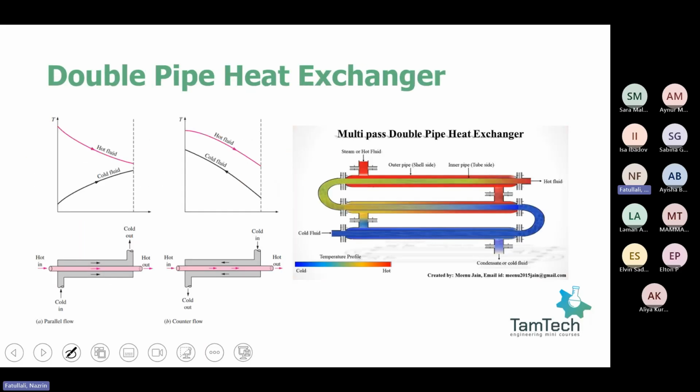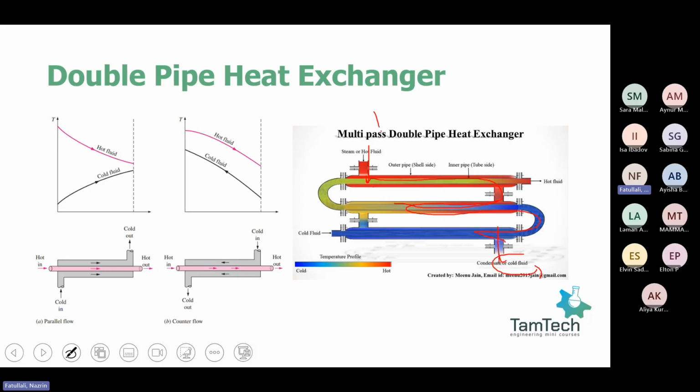So let's dive into the types of heat exchanger. First, the simplest one is the double pipe heat exchanger. It's literally one pipe inside another. Your hot fluid enters from one side and moves through to the other side, and leaves the system as warm or cold fluid.